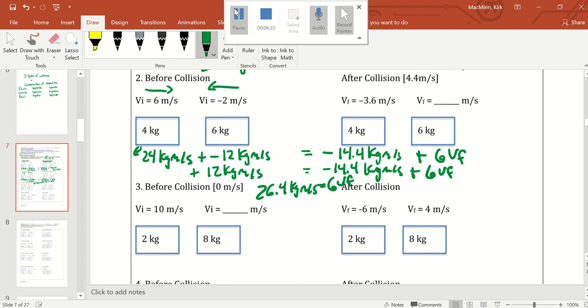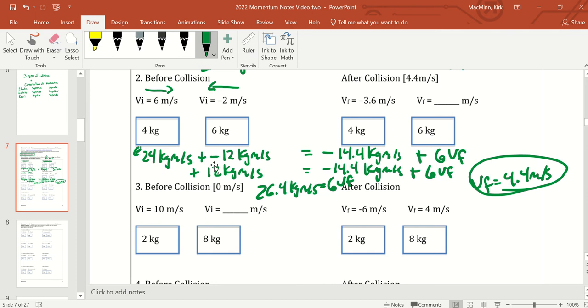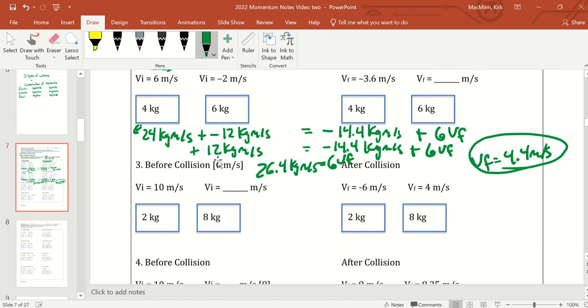When I divide by 6, we get VF is equal to 4.4 meters per second. So as you can see, the law of conservation of momentum just says the total momentum before has to equal the total momentum afterwards. Go ahead and try practice problems 3 and 4 for elastic collisions.